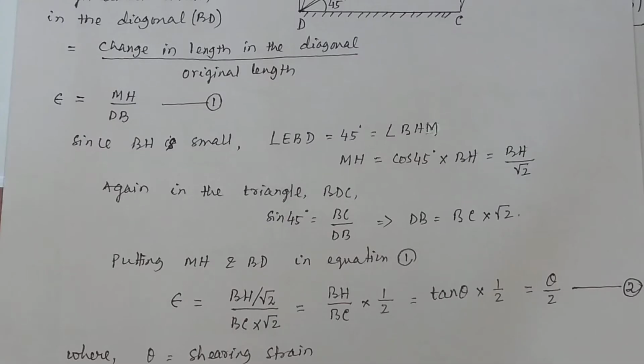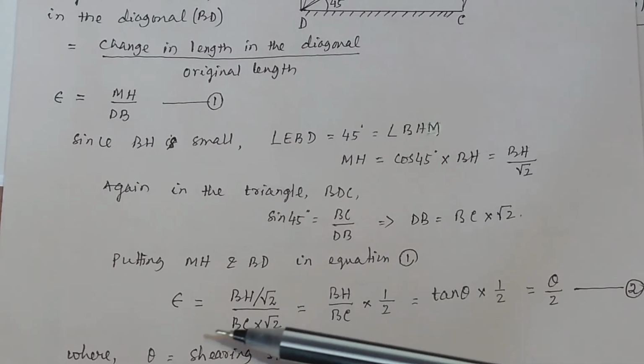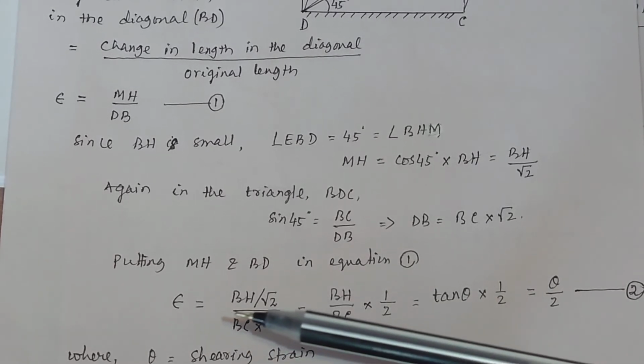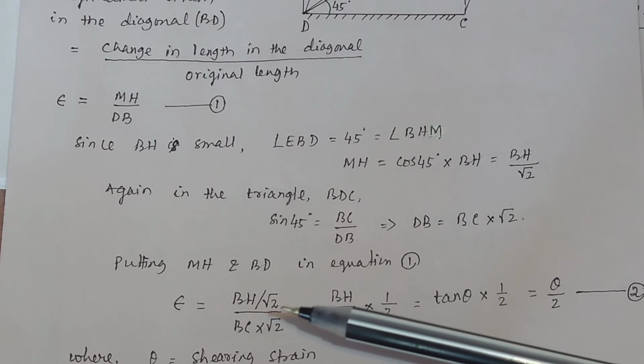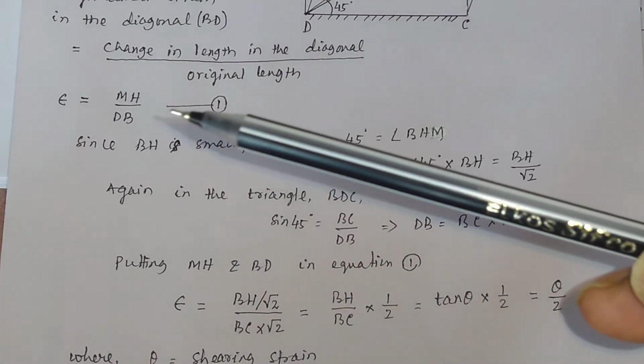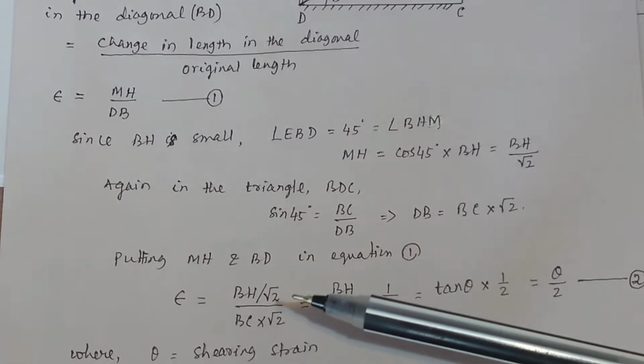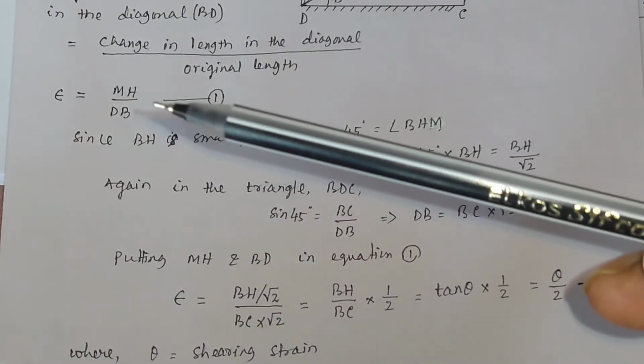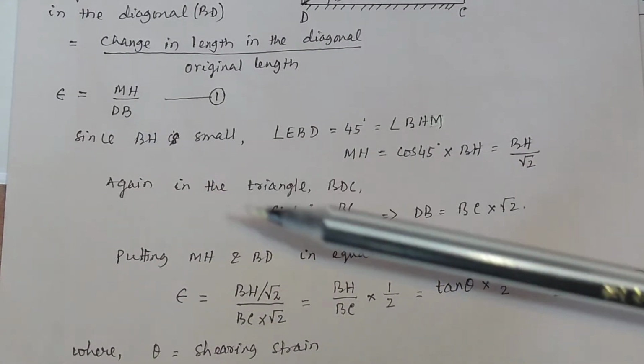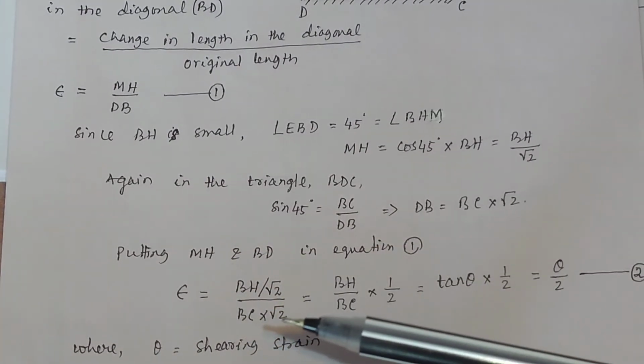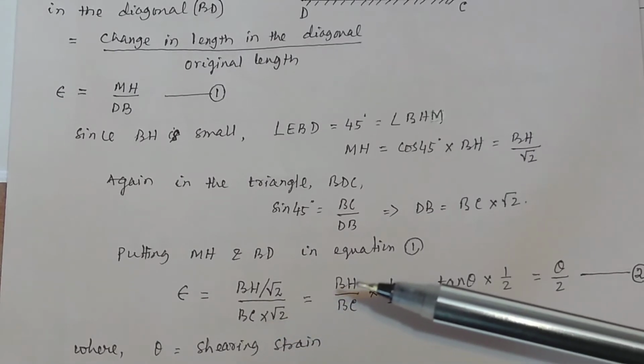So the longitudinal strain, that is epsilon, will be equal to MH divided by DB. The value of MH is equal to BH divided by root 2, and DB is equal to BC into root 2. So this value will be equal to BH divided by BC.